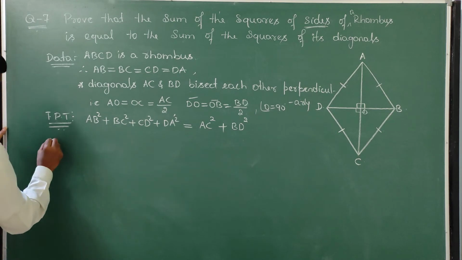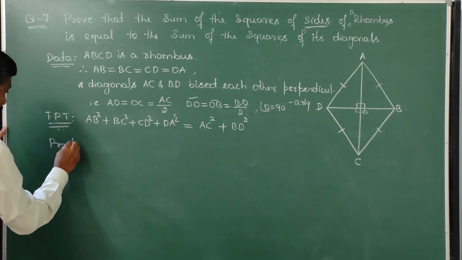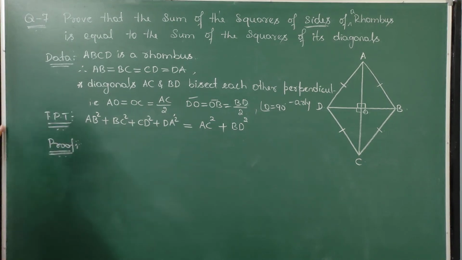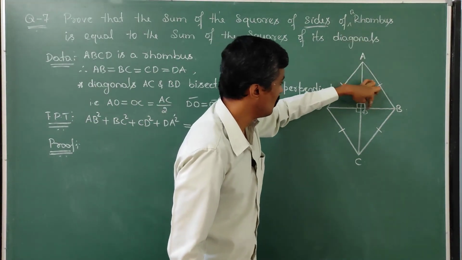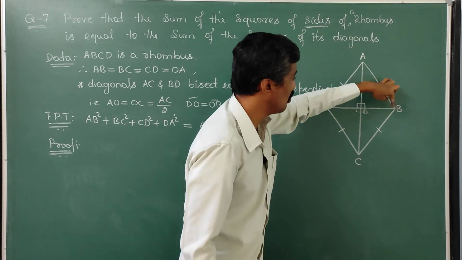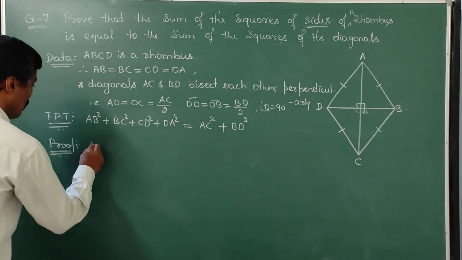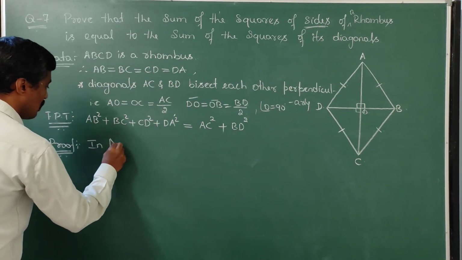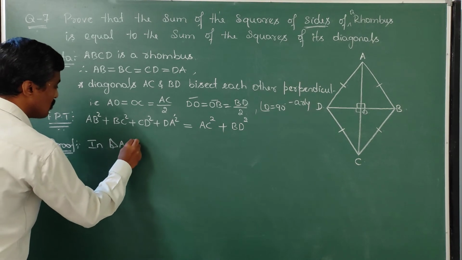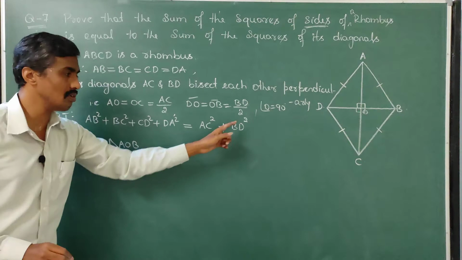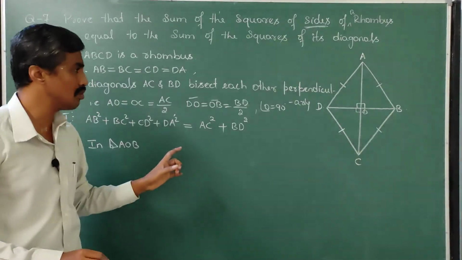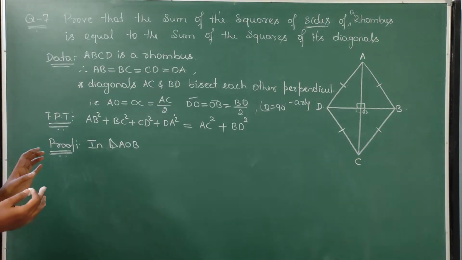Okay, so let me start the proof part. Everything we are having, I will consider the right angle triangle. I will take the first right angle triangle AOB. In right angle triangle AOB, there are squares for all the sides, so this problem is based on the Pythagoras theorem.